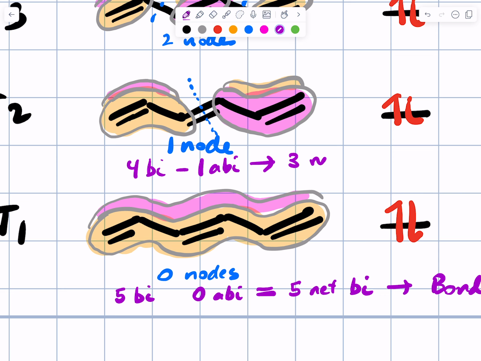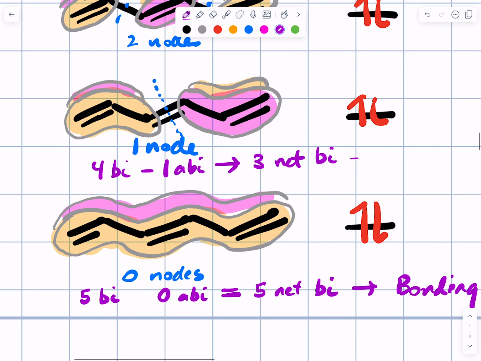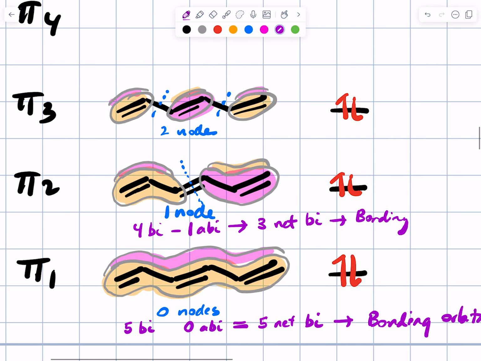I will conclude that there are still 3 net bonding interactions. So this is still a bonding orbital, but it's not as low in energy as the one that's below it, right? That has more bonding interactions. In a way, we're just counting nodes, but we're doing it in a slightly different way. Finally, the pi3 orbital, we would say, has 3 bonding interactions, but 2 anti-bonding interactions, so net just 1 bonding interaction.